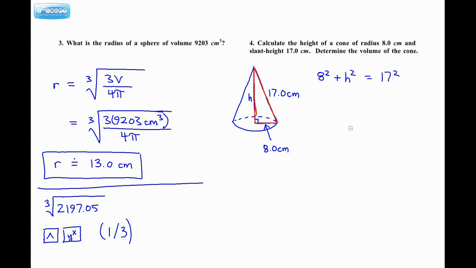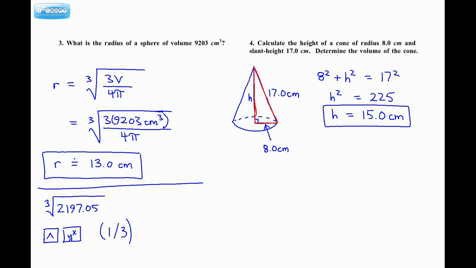This is 64. This is 289. If I subtract 64 from both sides, I get h squared is equal to 225. But I want h, so that would just be 15. That's the square root of 225. And I'll put my units back. This is centimeters.